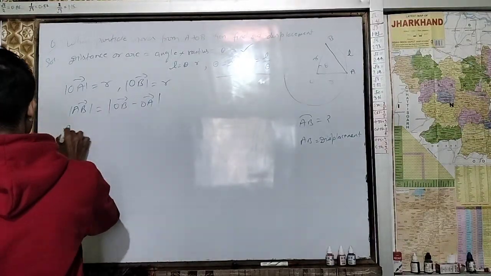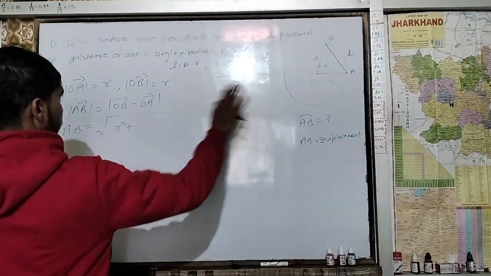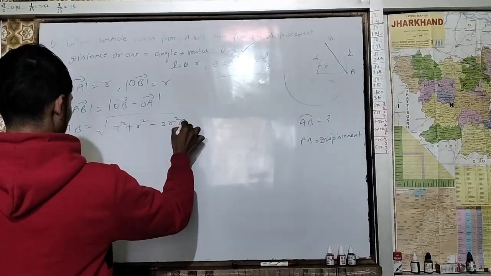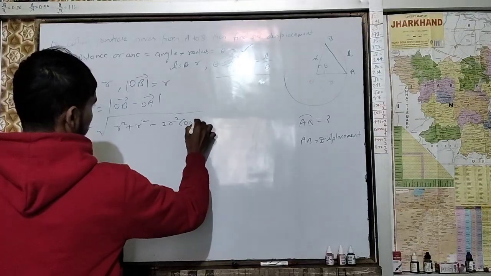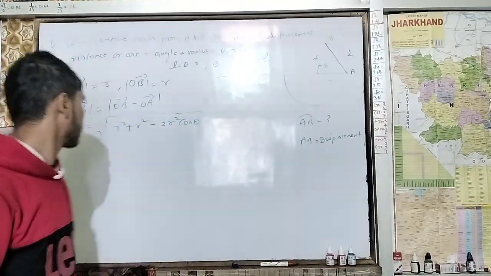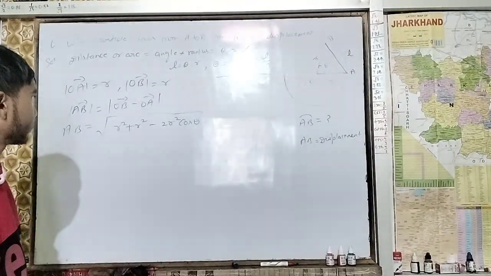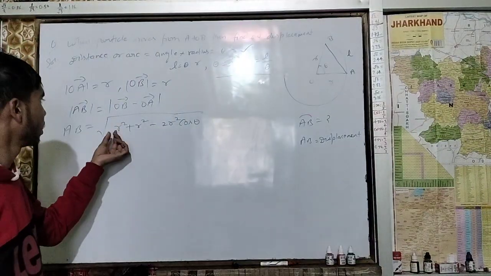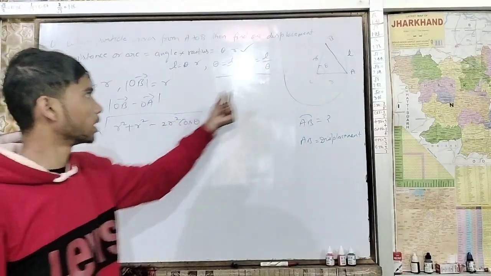So the formula will be AB is equal to the square root of R square plus R square minus 2R square cos theta. This is our formula. According to the triangle law of vector addition, we applied this formula, where this is the magnitude of the first radius and this is the magnitude of the other radius.